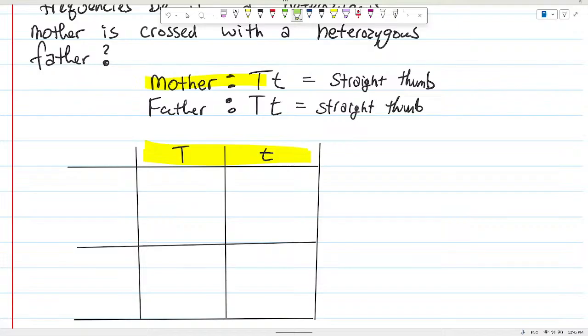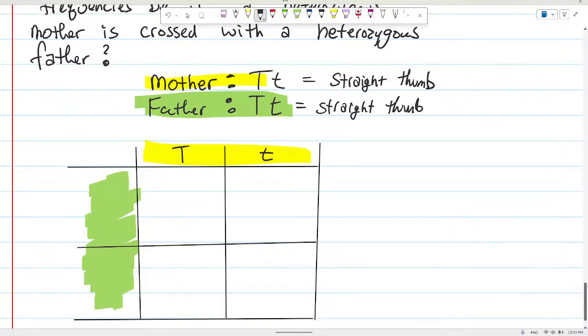And when the father goes to make male sex cells, which are spermatozoa, sperm, they will be 50% big T and 50% little t. And then the offspring. Thus, if this sperm fertilizes that ovum, what would we get? Big T, big T. If this sperm fertilizes that ovum, we would get big T, little t. If this sperm fertilizes that ovum.